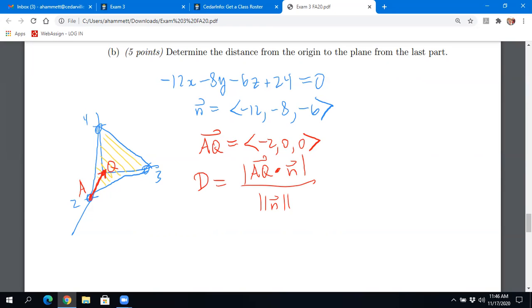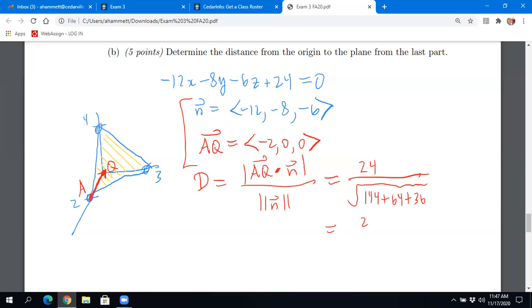Well, the dot product of those two things is fairly easy. Think about it. Look at these two vectors right here. If I take the dot product, AQ has a couple of 0 coordinates. That's just going to be negative 2 times negative 12, which is 24, yeah? It's going to be 24 over the square root of, I have to square each one of these coordinates, 144 plus 64 plus 36.